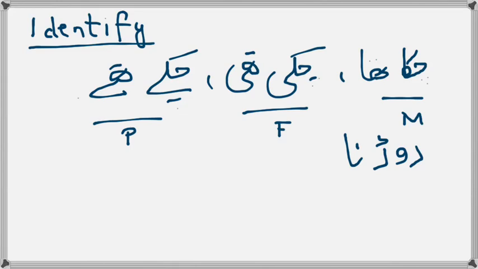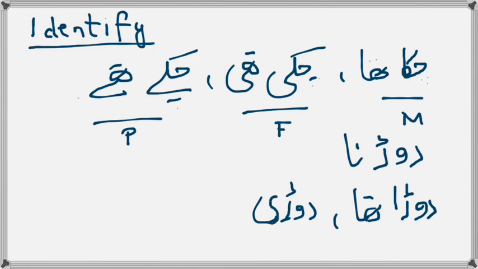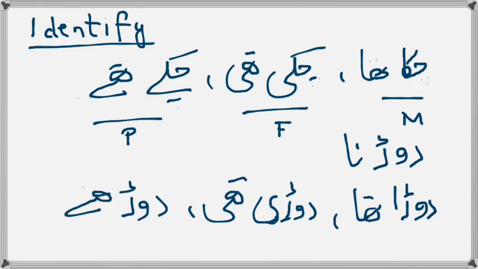And if we end the sentence like this, dauda tha, daudi thi, or daude the, then these show that we are using past perfect tense. Now let's take a few verbs and try to make simple sentences, negative sentences, and interrogative sentences with different pronouns.